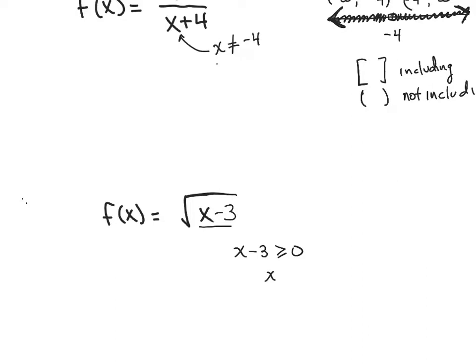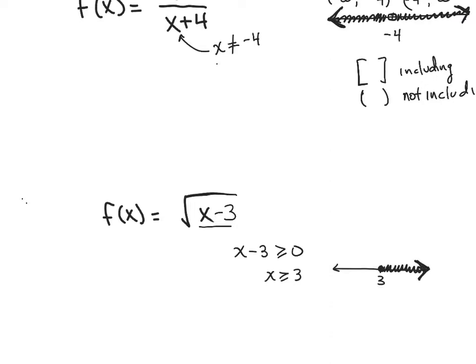So if you add 3 to both sides, x is greater than or equal to 3. Represented on a number line, we have 3, and greater than or equal to means I'm going to include 3, so it's a filled in circle including 3, and then greater than would be in this direction.